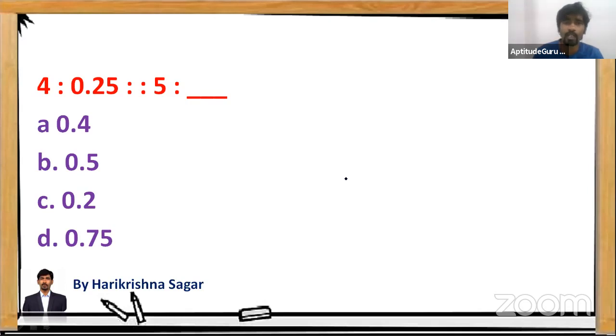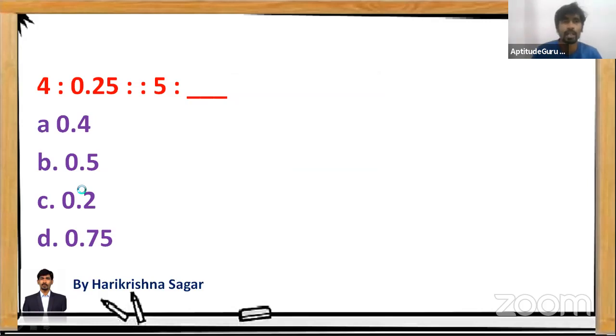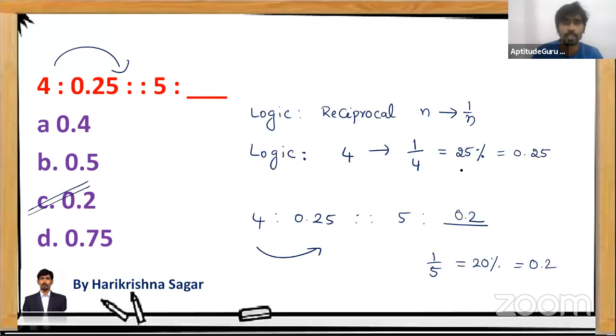So 5 becomes 1 by 5. What is 1 by 5? 1 by 5 is nothing but 20 percentage. We can also represent this as 0.2, which is available as option C. You can mark it as answer choice. The answer must be 0.2. Look at the next question, which is available on the screen.